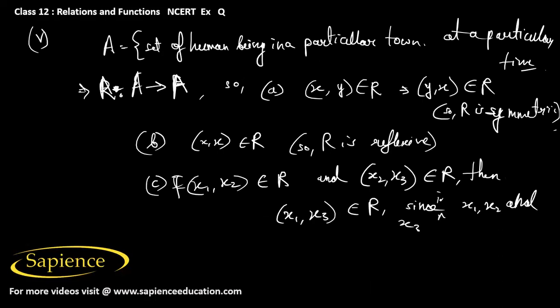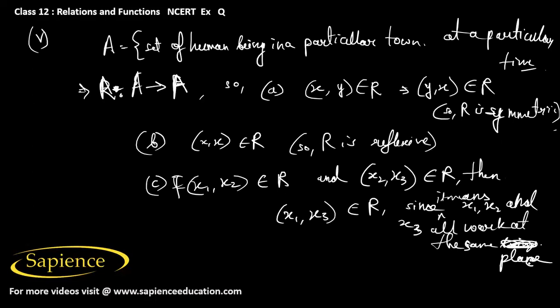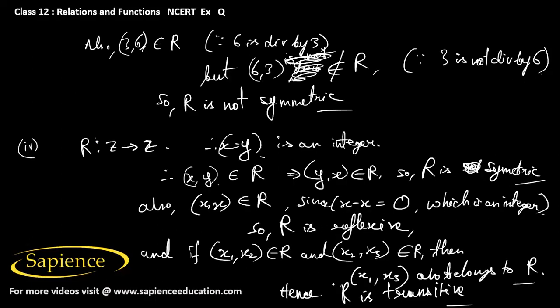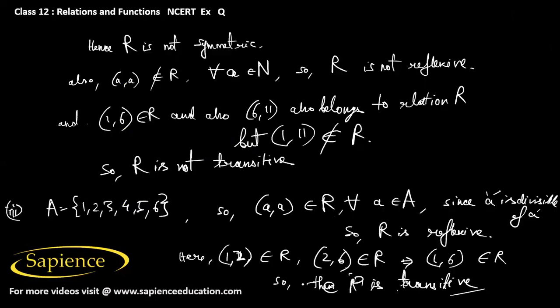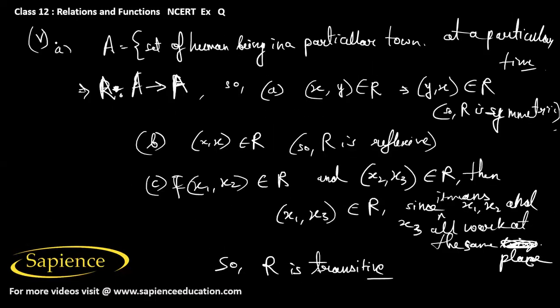So I can say that the relation R is transitive also. So it is the answer for fifth part A.